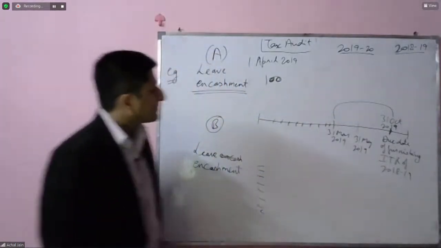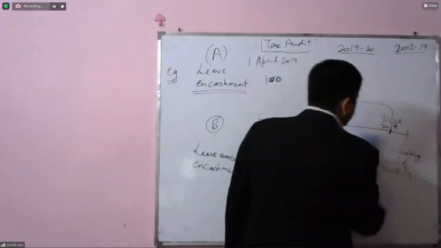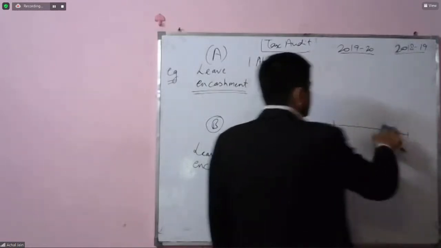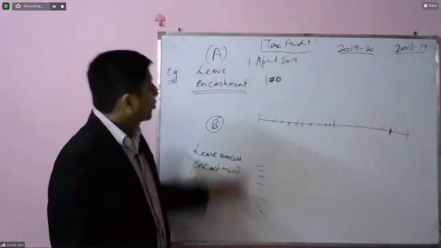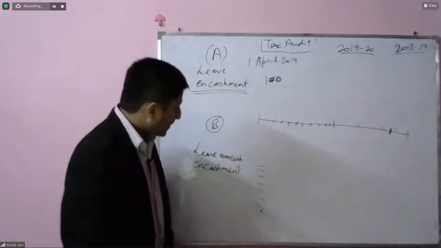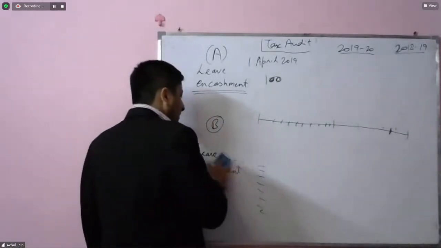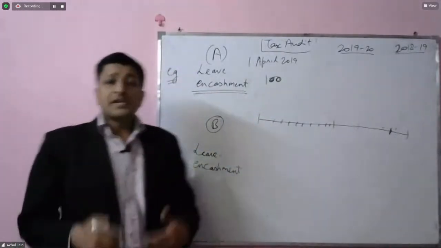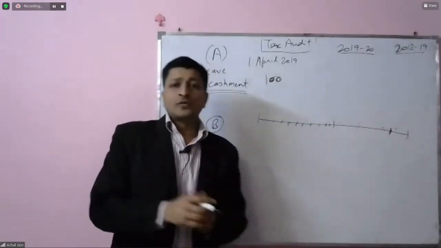Next step. And this is old liability towards leave encashment. Now we are moving on to current year. So in the current year, some leave encashment would have been accrued.